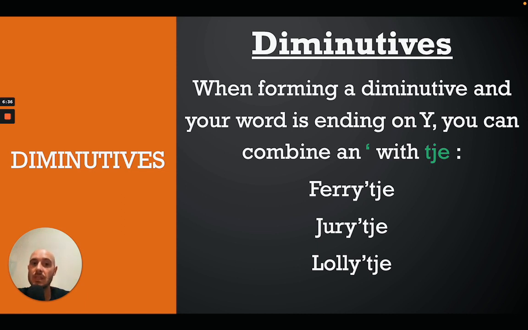However, some words end on a Y, for instance ferry, jury, lolly. If we want to make a diminutive, for spelling's sake, we add an apostrophe and then tje. So ferry'tje, jury'tje, and lolly'tje. That would be the apostrophe used with a diminutive.